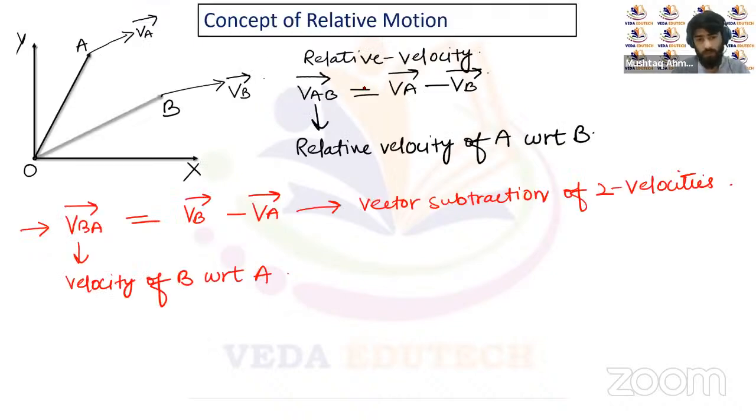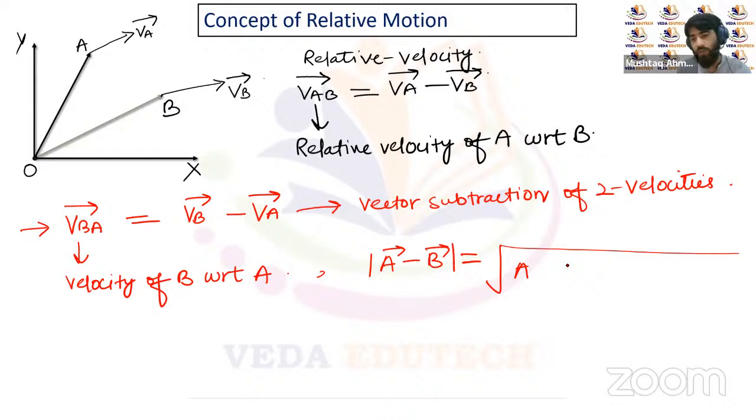In the previous concept of VBA, we said that it's a vector subtraction of the two velocities. And we know that whenever we calculate the vector subtraction of two vectors, that's A vector minus B vector, the modulus is always given as under root of A square plus B square minus 2AB cos theta, where theta is the angle between the two vectors.